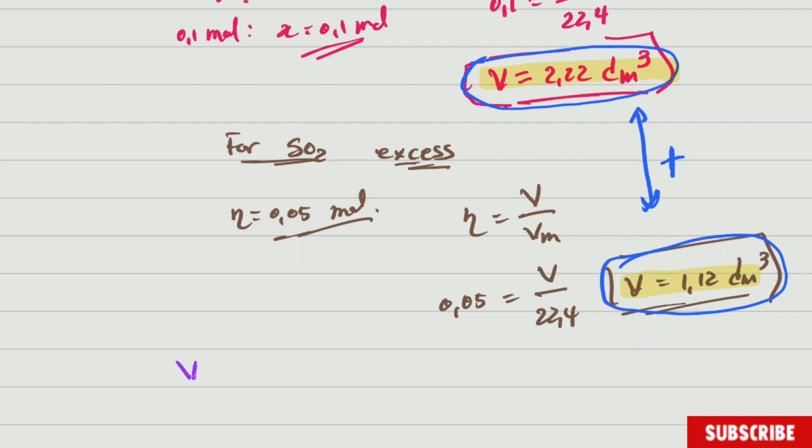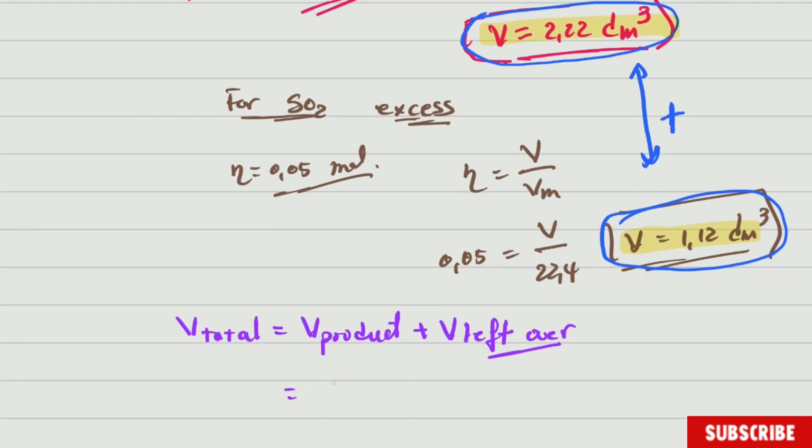So volume total is equal to volume of the product plus the volume left over. All right, and that one will be equal to 2,22 plus 1,12.